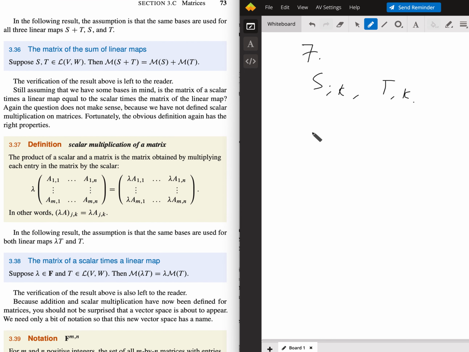Okay. So you're adding element-wise the columns of S and T to arrive at the columns for S plus T, the k-th column of S plus T, right?